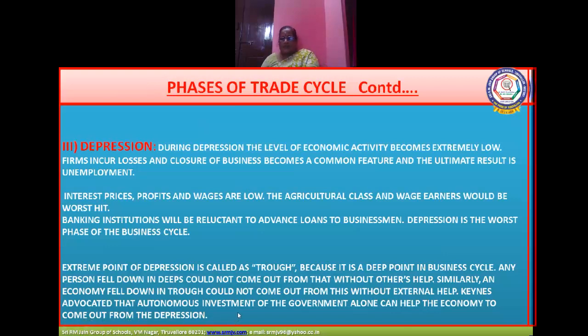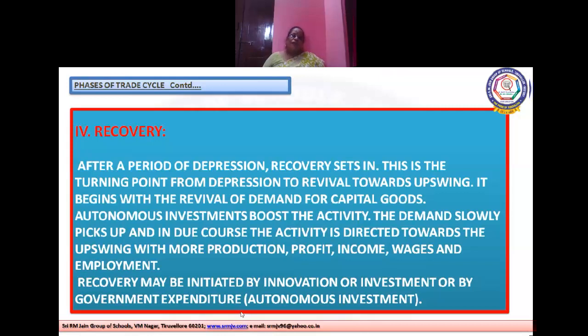That is the third phase. Fourth phase is recovery. After a period of depression, the recovery sets in. This is the turning point from depression to revival towards upswing. It begins with the revival of demand for capital goods. Autonomous investments boost the activity.